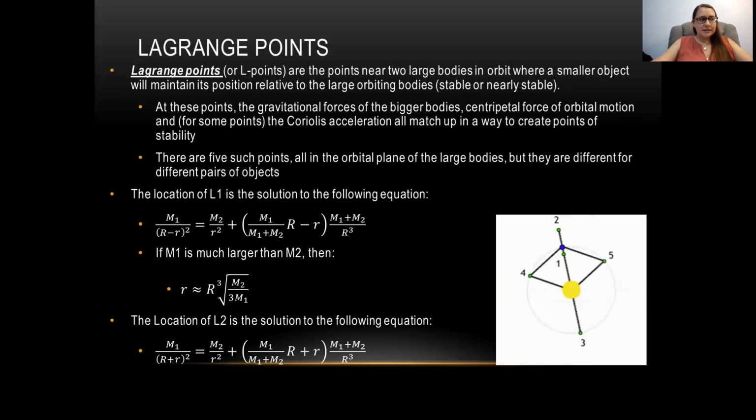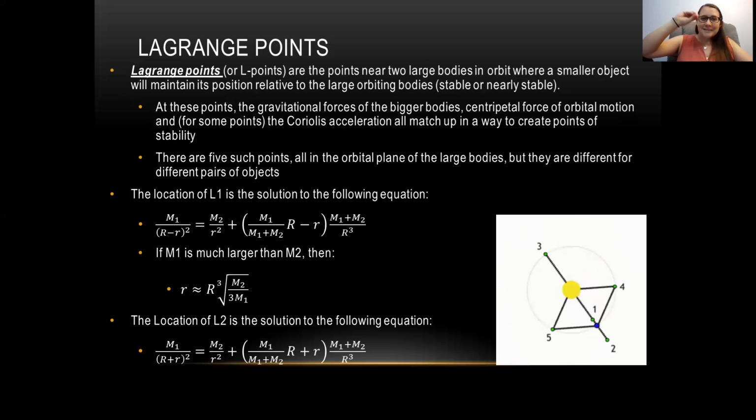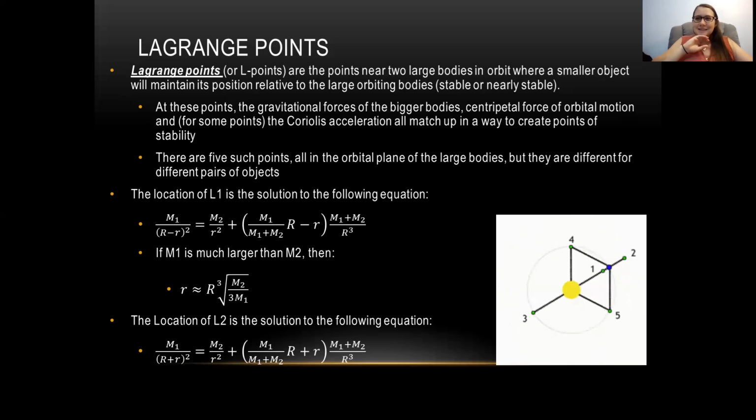Jupiter, for example, at its L4 and L5 points, has more than 1 million of these Trojan satellites, these asteroid type objects just chilling around in the same orbit as Jupiter, taking advantage of the motion of Jupiter to push them around or pull them around. It's kind of interesting.